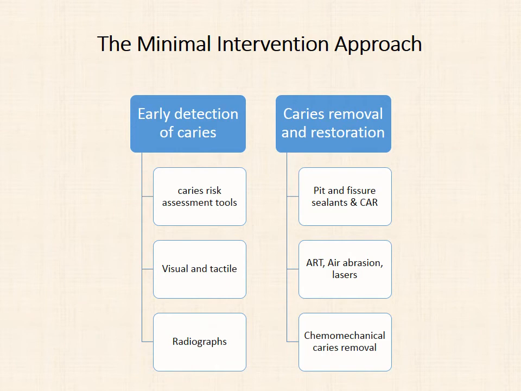If it is deep, either pit and fissure sealants or CAR, or ART, which uses only hand instruments, or air abrasion and lasers. And next is chemomechanical caries removal. So these are a few of the minimal intervention approaches.